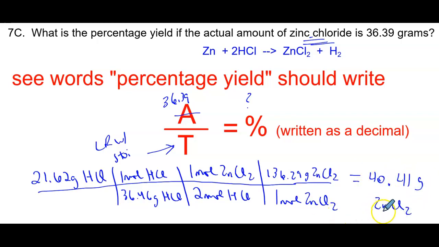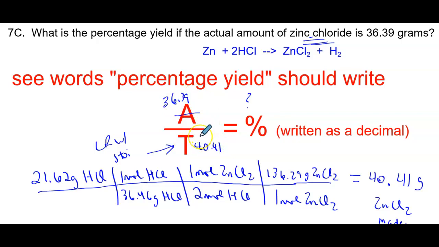Now, remember what this tells us. Stoichiometry tells us how much we used or how much we made. This is how much zinc chloride we made. Okay, used if it's a reactant because we're using up reactants, made if it's a product. So we now know our T to be 40.41. So we can divide these two and then figure out our percent.